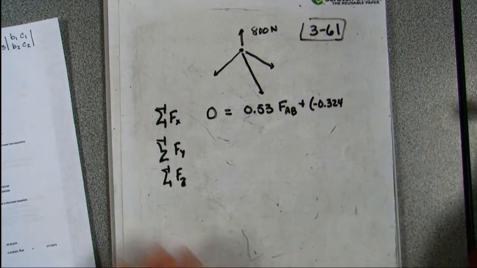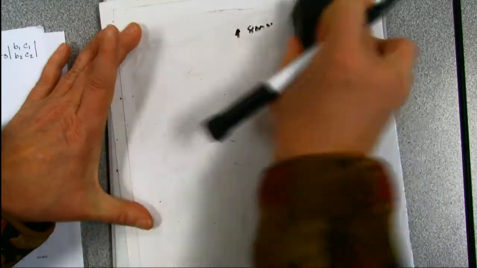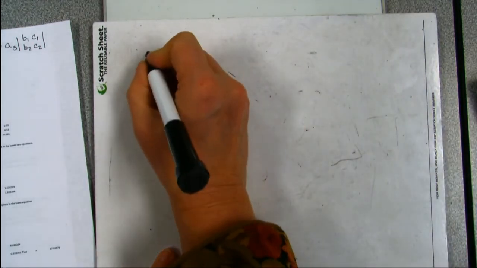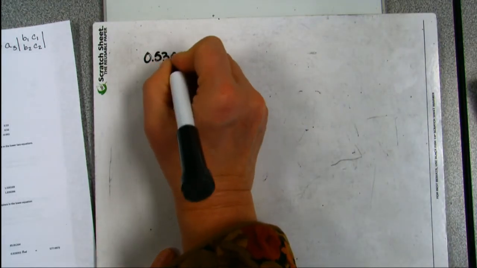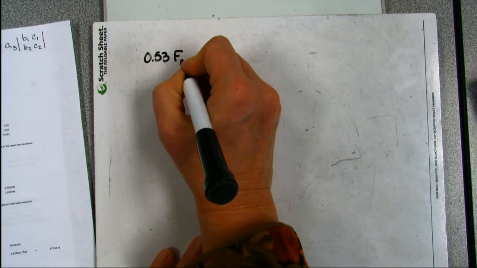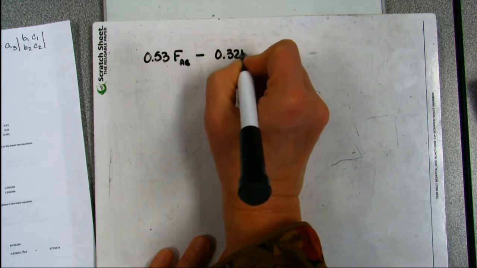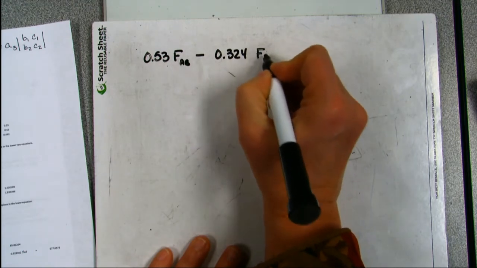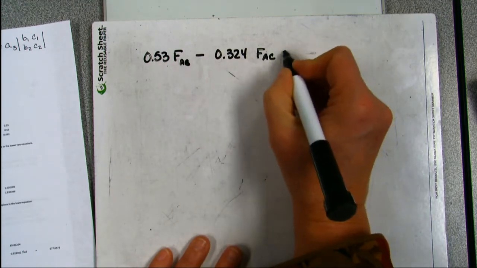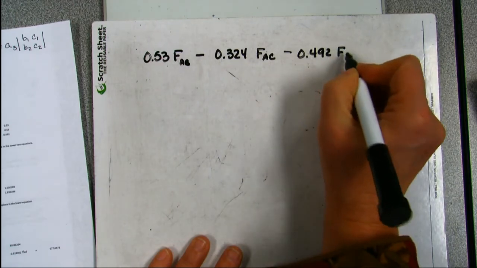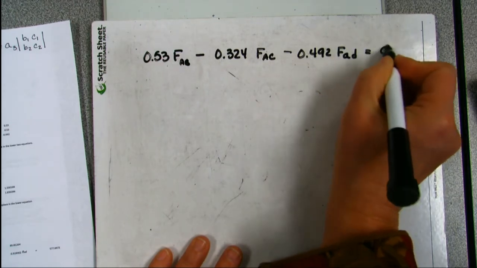I'm going to change this up. So you've got the idea of where we're going. I'm going to give myself more room. 0.53 FAB minus 0.324 FAC minus 0.492 FAD is equal to 0.